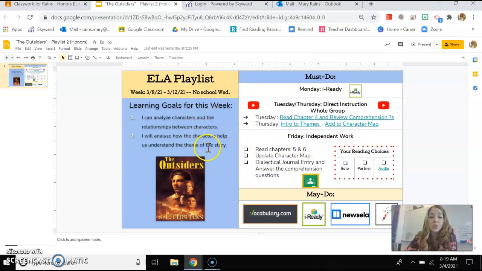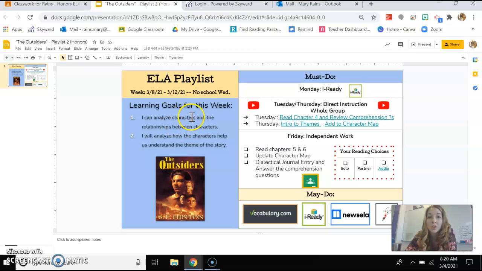Our learning goals are pretty similar to week 1. They're just going a little bit further, taking the character analysis a little bit further. The first one is I can analyze characters and the relationship between characters, which again was our goal in week 1, but we're continuing that on because in almost every story that you will read, you never learn about all of the characters in the first chapter.